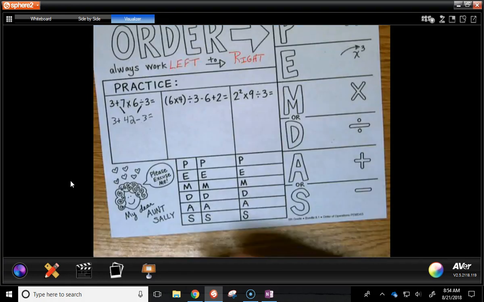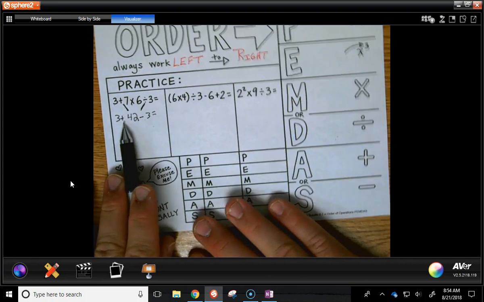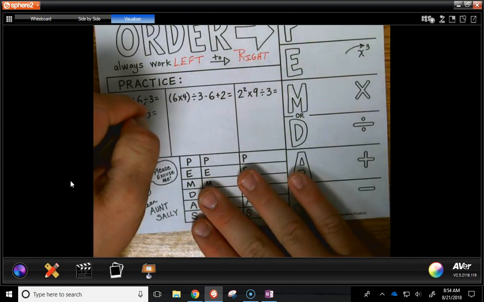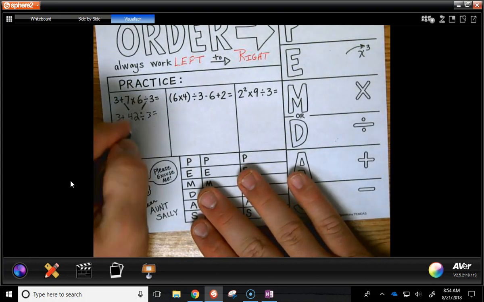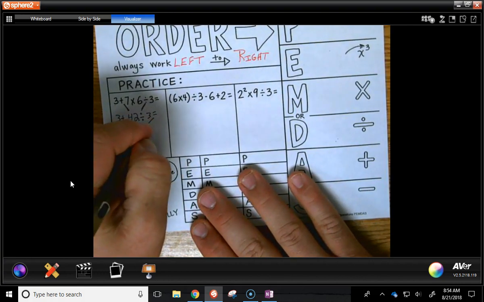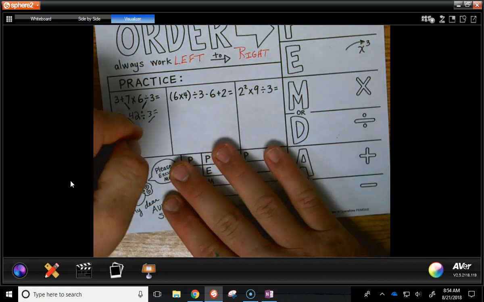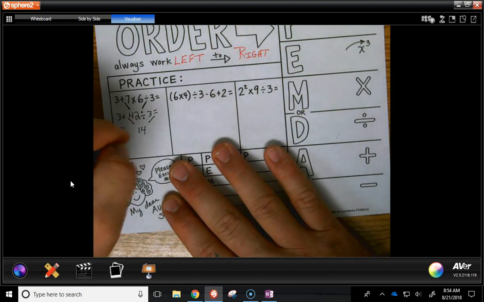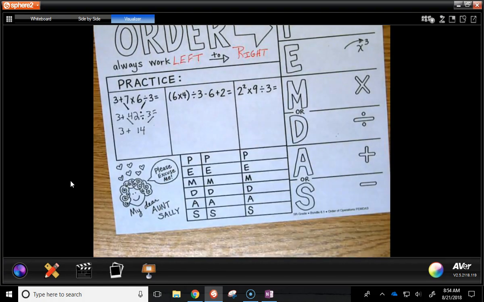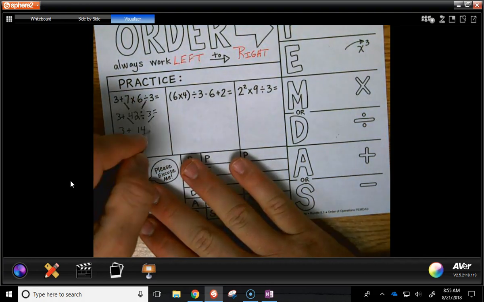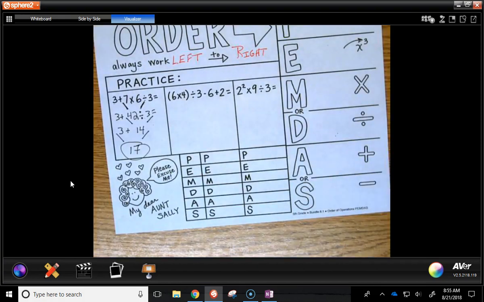But now I'm looking for multiplication or division again. There's addition. Oops, you don't see my division sign. Here's division. 42 divided by 3 is? 14. Very good, 14. I rewrite my problem. All I have left is addition, so to be honest, I don't have to go through my whole PEMDAS. But 3 plus 14 is 17.